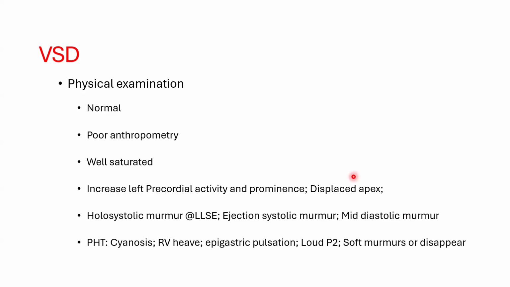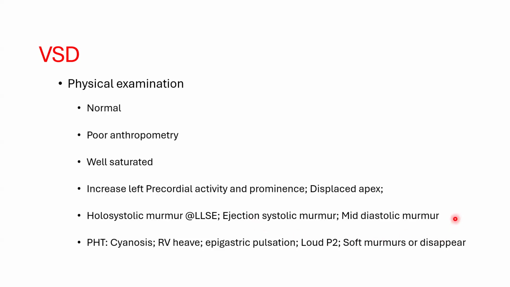On physical examination, they may be normal earlier on. They may show signs of malnutrition from the failure to thrive. They are usually well saturated, but as they get more and more features of heart failure, we begin to see increased precordial activity, a displaced apex, the characteristic pansystolic murmur, and then they may have an ejection systolic murmur in very large, unrestricted VSDs where you don't hear the holosystolic murmur, but instead you hear the ejection systolic murmur from the rush of blood across the pulmonary valve.